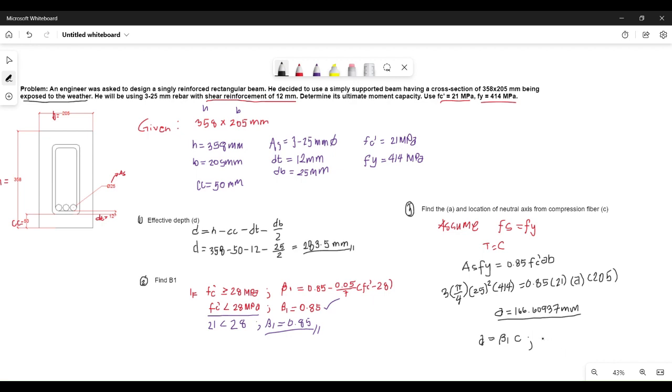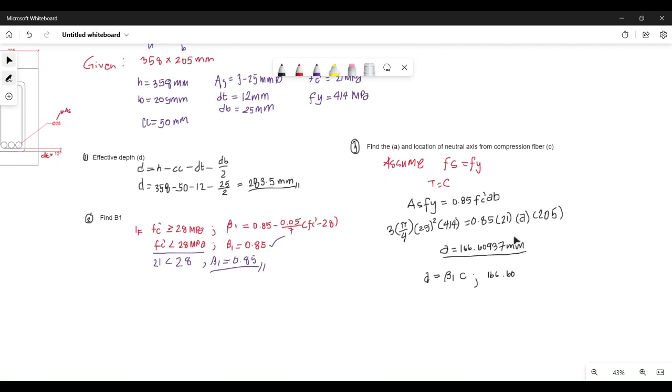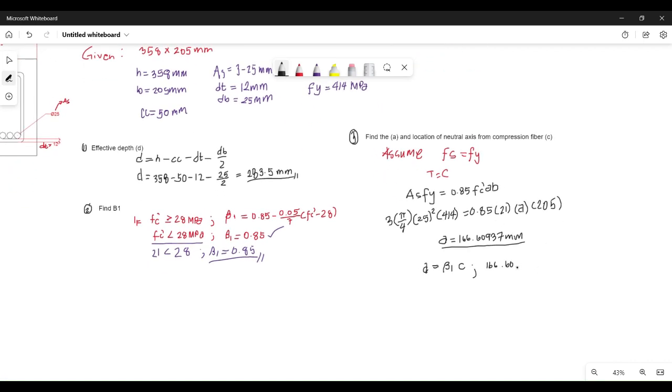We have 166.6937 equal to beta 1, which is 0.85, times c.